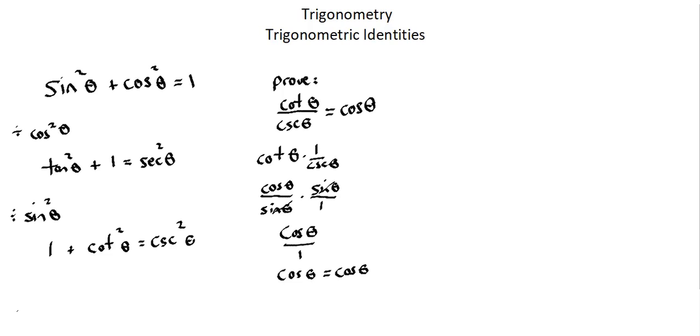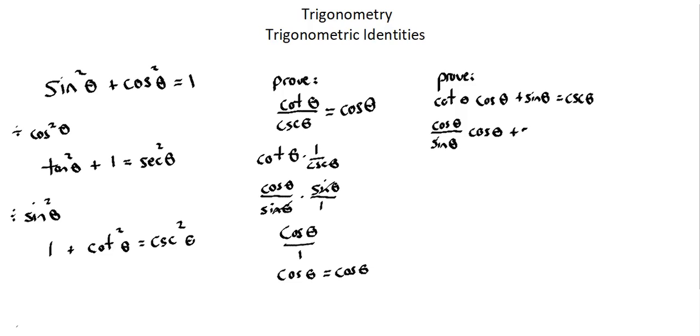Let's look at another. Prove cotangent of angle times cosine of angle plus sine of angle equals cosecant of angle. I'm going to work with the left side. Cotangent of angle is cosine of angle over sine of angle, times cosine of angle plus sine of angle.